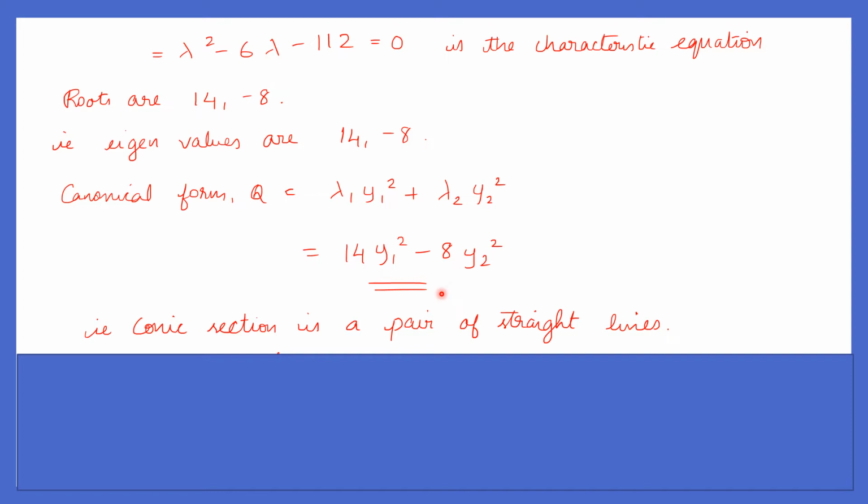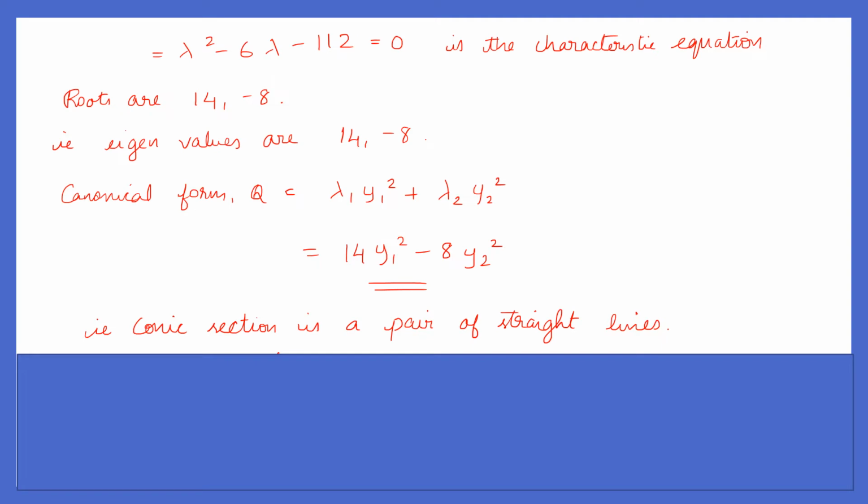Here we have the same format, instead of 1 we are having 14 y1 square, and minus 8 y2 square. So we can say that this quadratic form will represent a conic section that is a pair of straight lines. That is important because our first question is to find out what kind of conic section the quadratic equation belongs to. So our first answer is the conic section is a pair of straight lines.